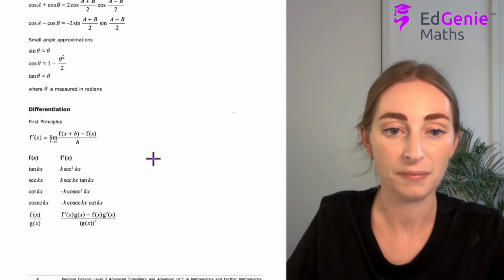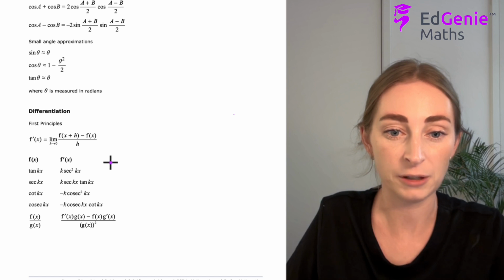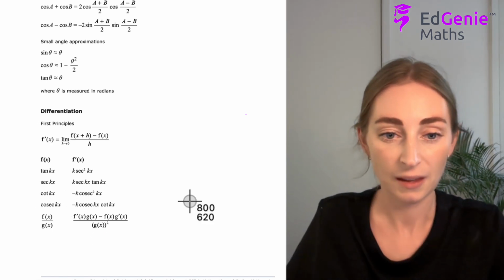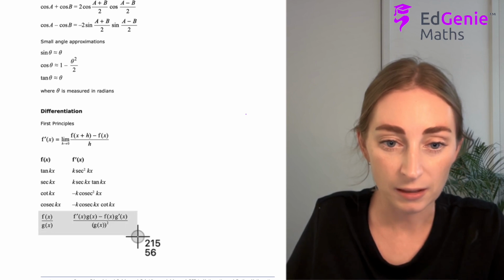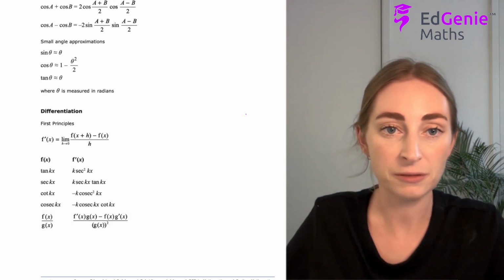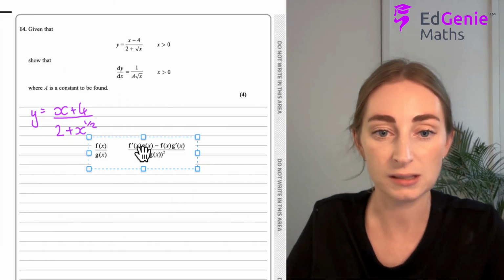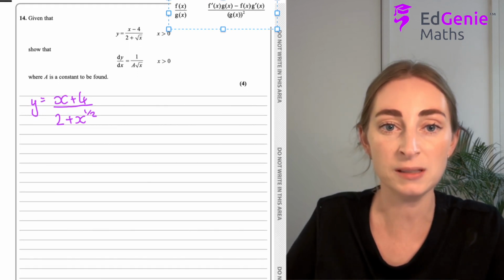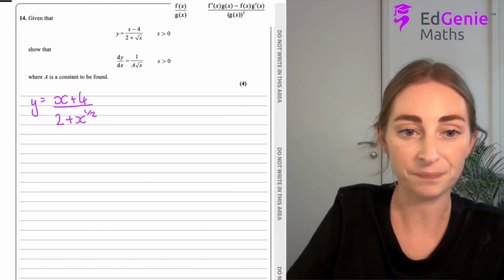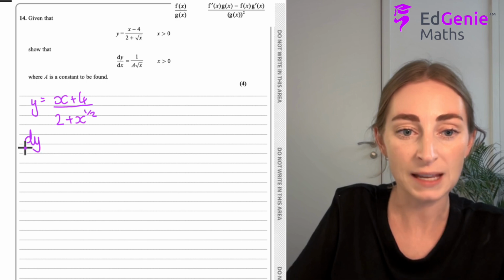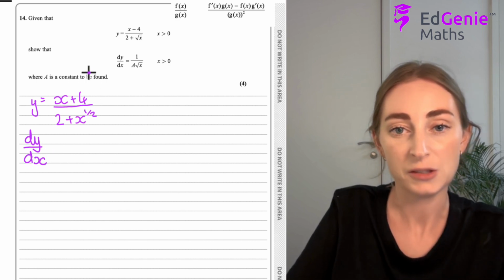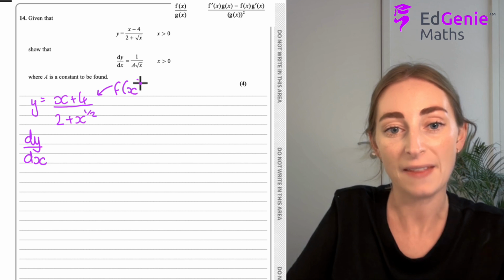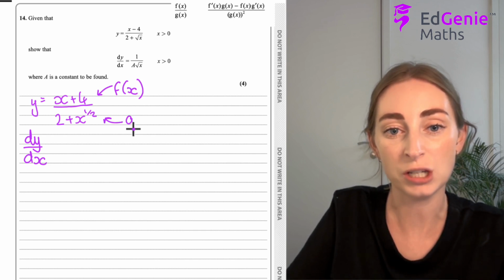And we have got over here the equation for differentiating fractions. So let's put that up there. That's going to help us. And let's give this a go. So dy by dx. So the numerator is f of x and the denominator is g of x.